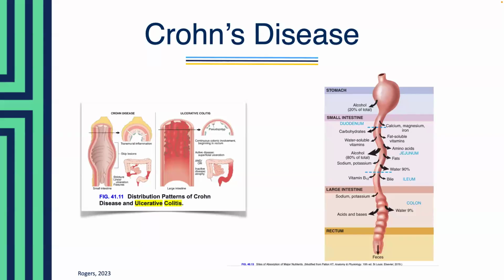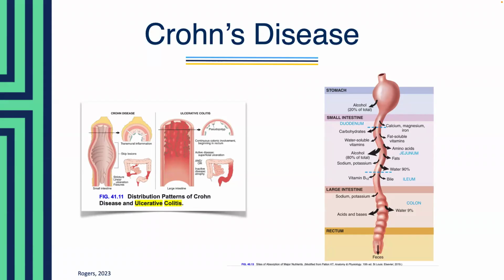Now, there are some pro-inflammatory cytokines most implicated in the pathogenesis of both Crohn's disease and ulcerative colitis that I want to talk about. Now, this includes the tumor necrosis factor, or TNF alpha, and then some interleukins like interleukin 1, 6, and 12.